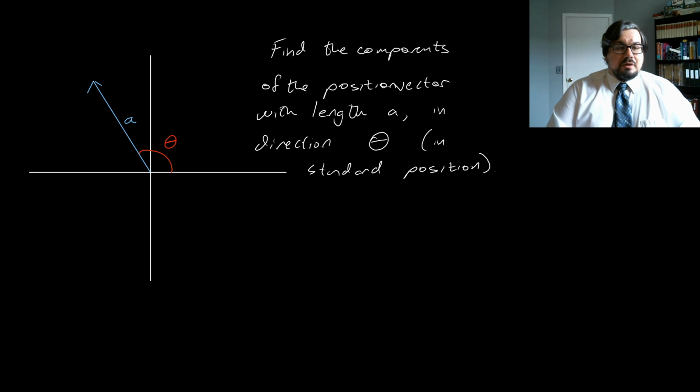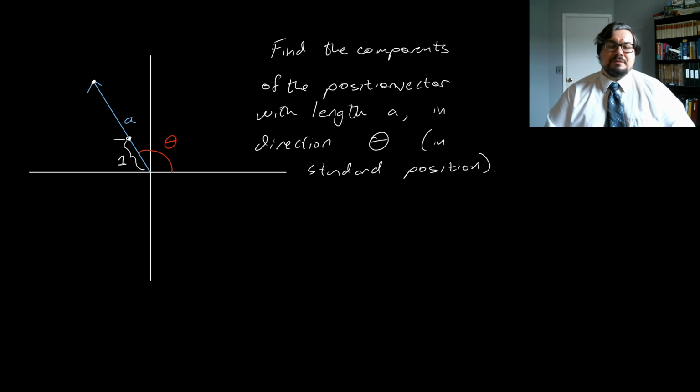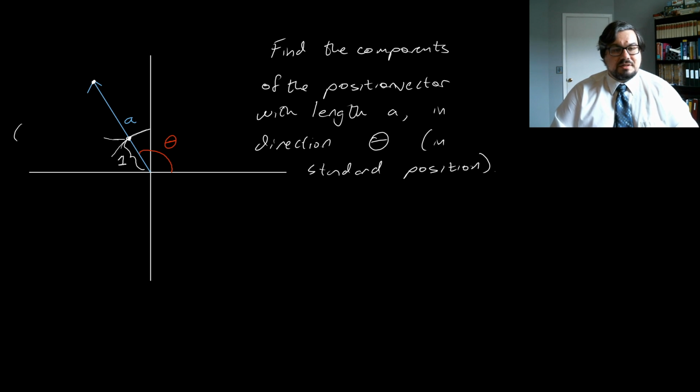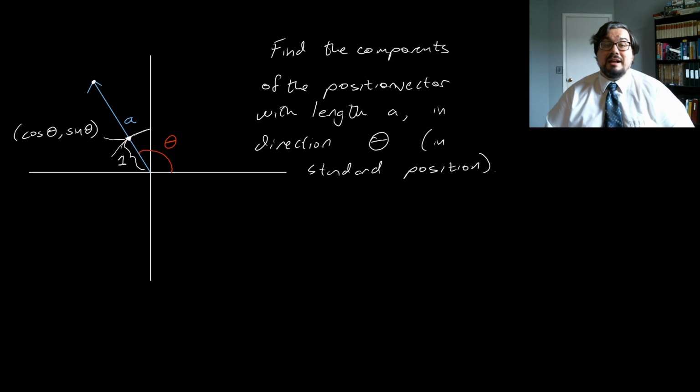Well, we can use what we know about trigonometry here. We know that the point on this vector that is a distance of exactly 1 away from the origin lies on the unit circle. And therefore, this point here has coordinates cosine theta, sine theta. That's how we defined sine and cosine way back at the beginning.